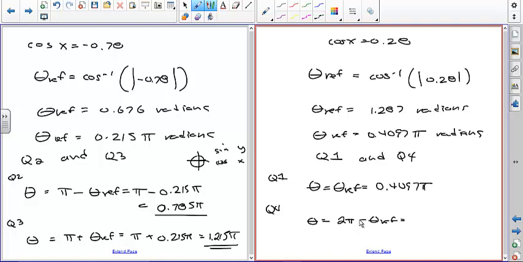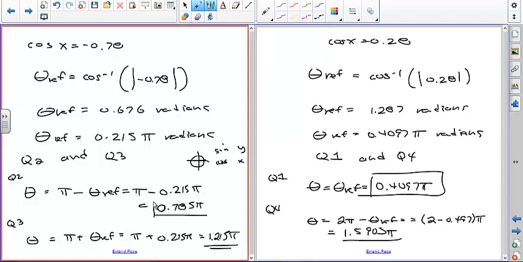So I take 2 minus 0.4097, because these are all in terms of pi. All I have to do is subtract 0.4097 from 2, which gives me 1.5903 pi.